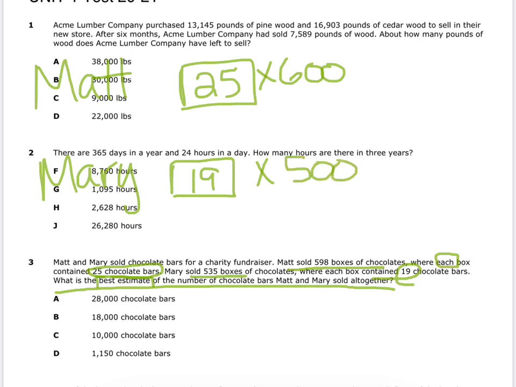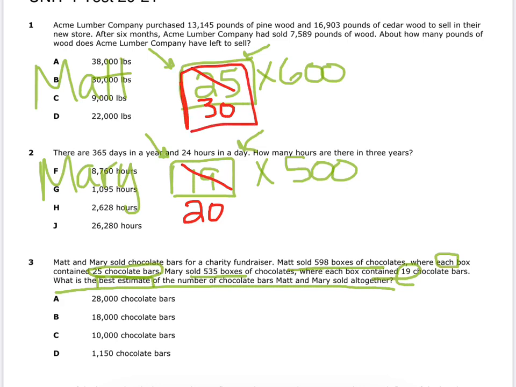Okay, so now we estimated the number of boxes, but now we have to estimate the number of bars that are inside each box. So I would estimate 25 to be 30 and 19 to be 20. So each of Matt's boxes, we're going to say, had about 30 bars, and he sold 600 boxes. Mary had about 20 in each box, and she sold about 500 boxes.